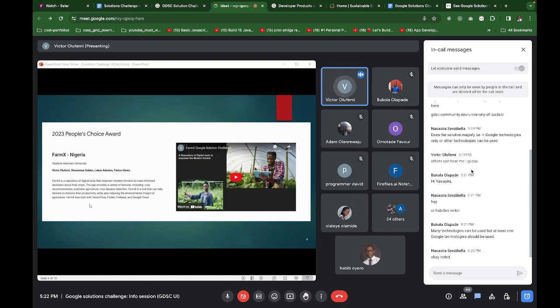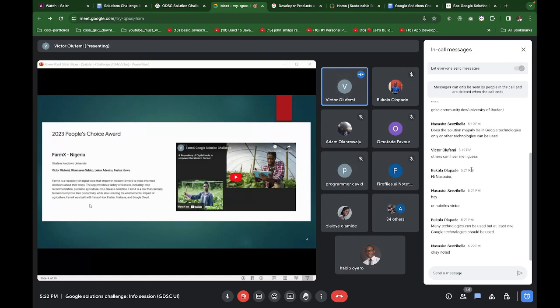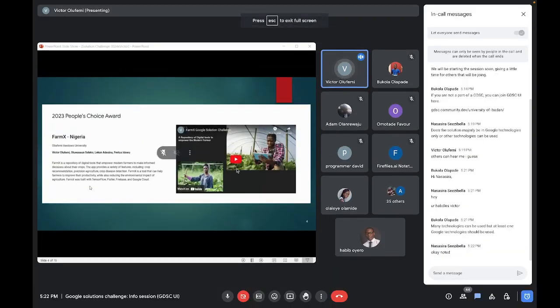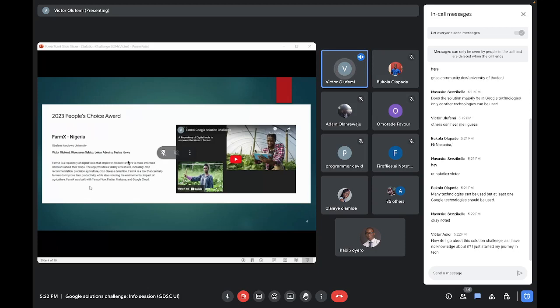So this is my team. My team is called FAMX, which is what we used to participate in the Solution Challenge 2023. It was composed of myself, Shion, Leko, and Festus. We built an app called FAMX.